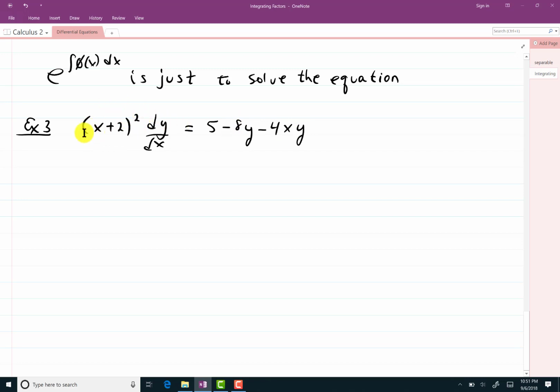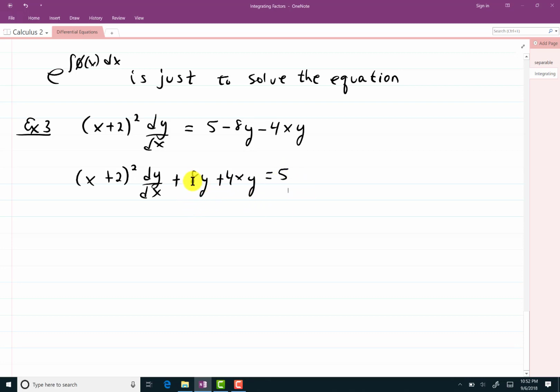And it's okay to have something in front of it, but the first thing I'm going to do here is take anything with a y over to the left hand side. x plus 2 squared dy over dx plus 8y plus 4xy equals 5.